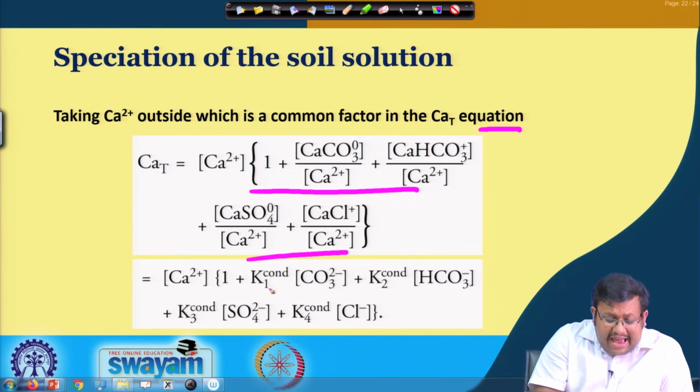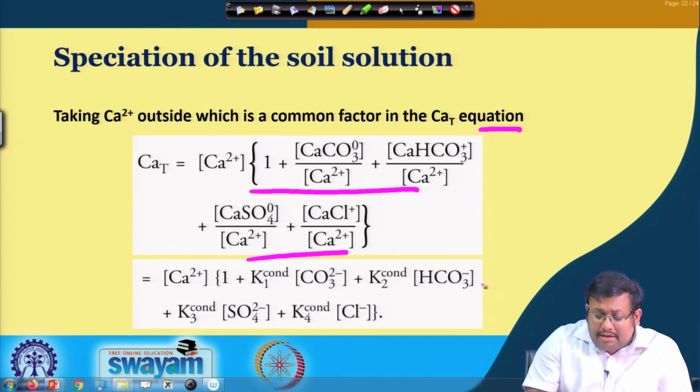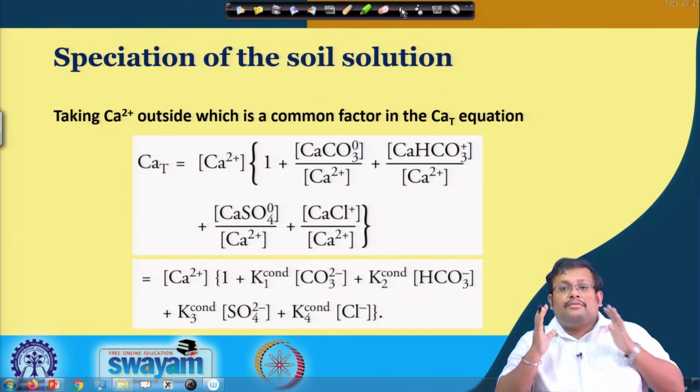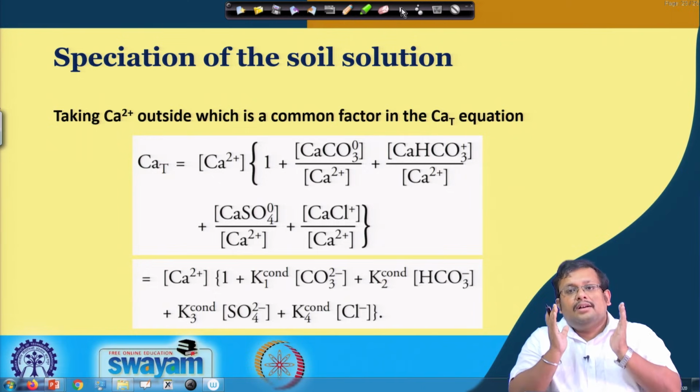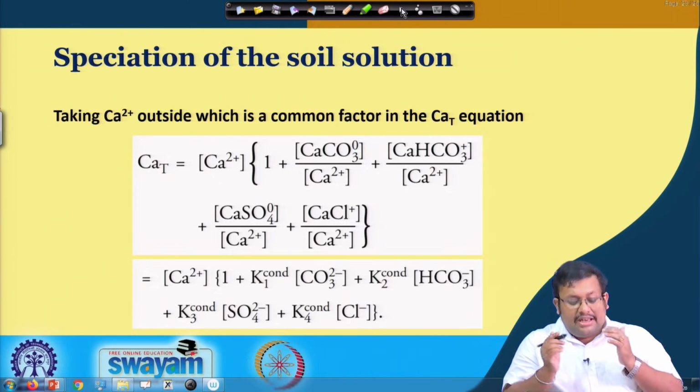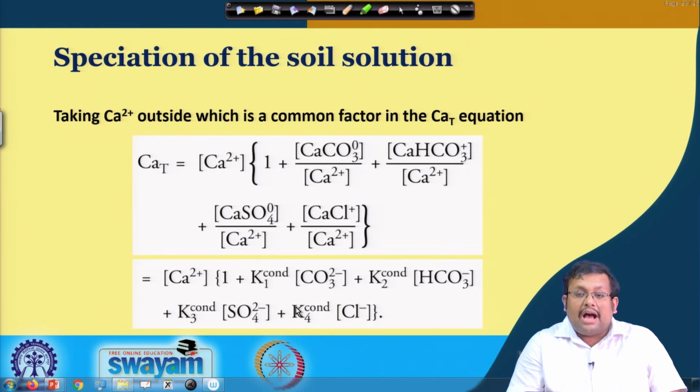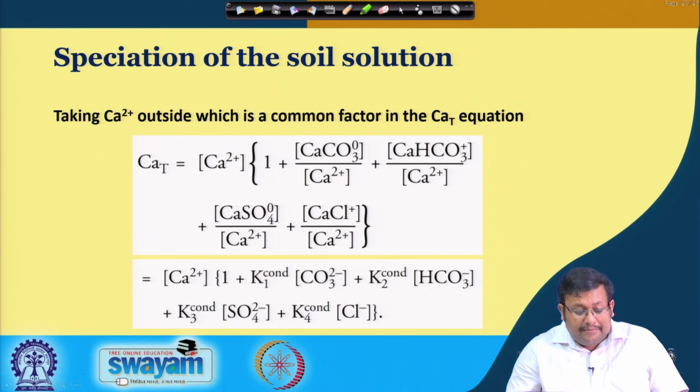From there we have this simplification: 1 plus K1 condition multiplied by the CO3 2 minus concentration, K2 condition multiplied by the bicarbonate concentration, K3 condition multiplied by the sulphate concentration, and K4 condition multiplied by the chloride concentration, from the equation of the stability constant, by taking the calcium concentration as the common factor.